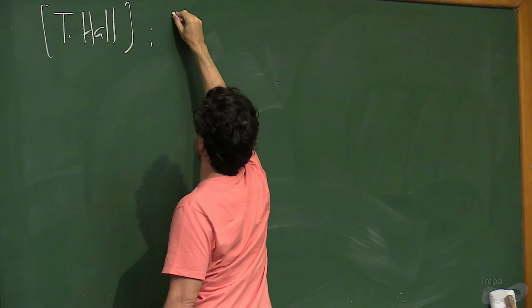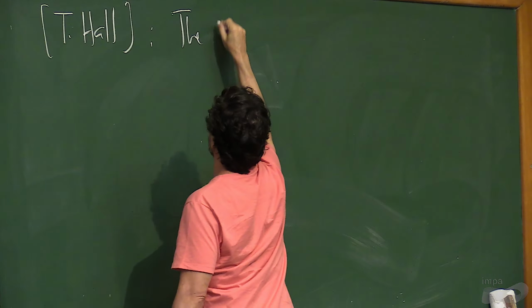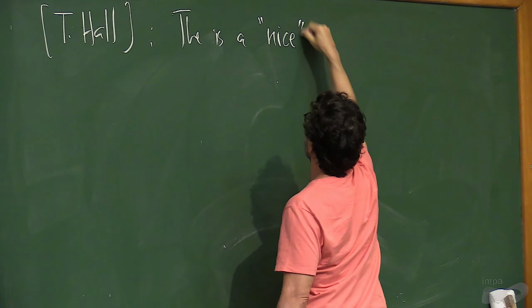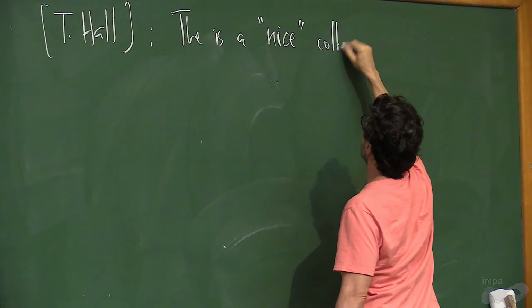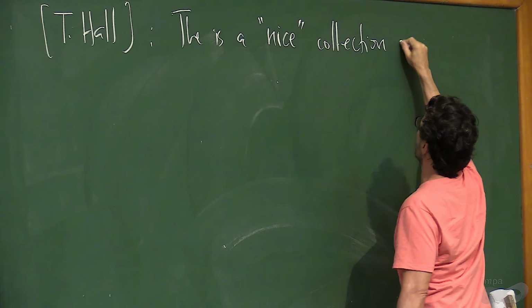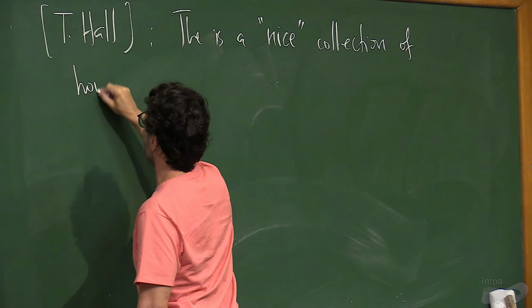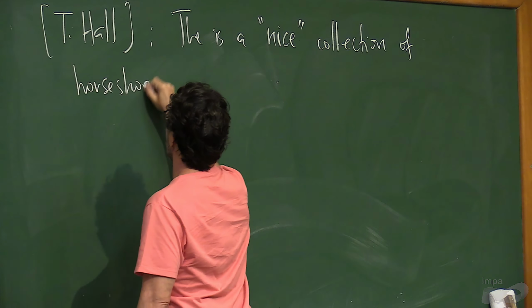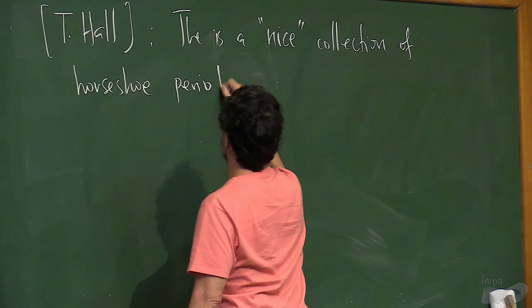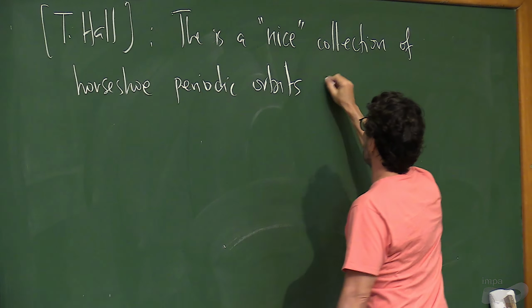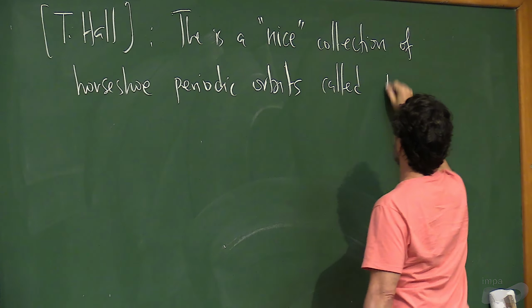There is a nice collection of horseshoe periodic orbits, called NBT.